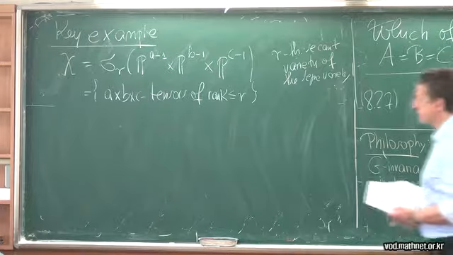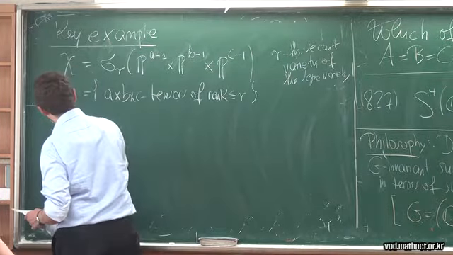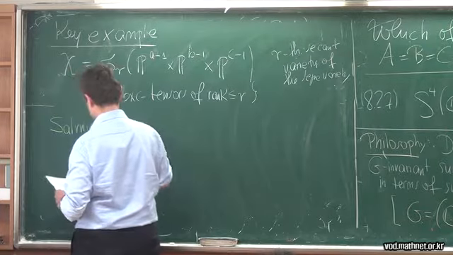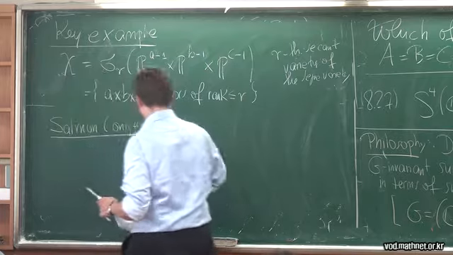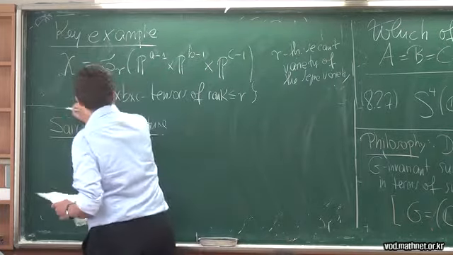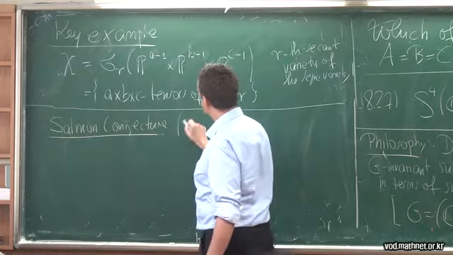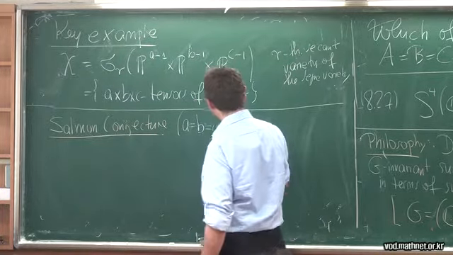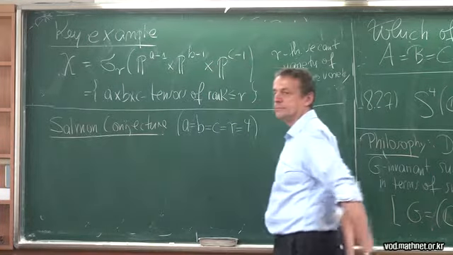Let me wrap up by saying a few words about the Salmon Conjecture, which stimulated quite a bit of work on these subjects. So this concerns the special case A equals B equals C equals r equals 4.